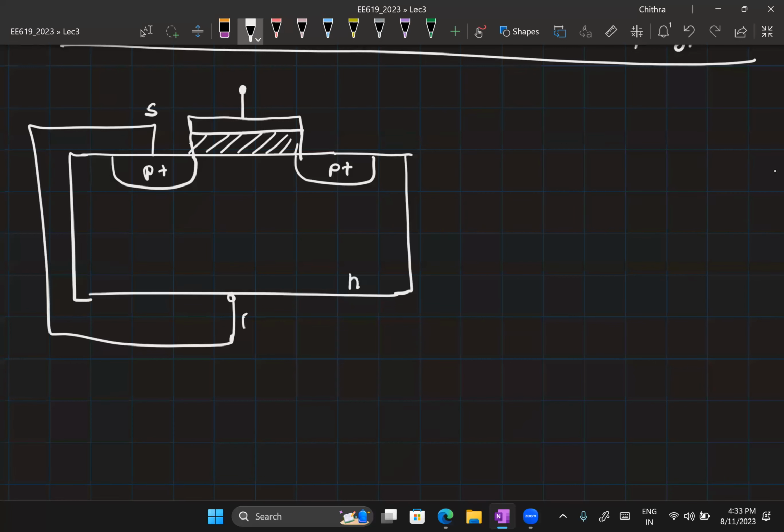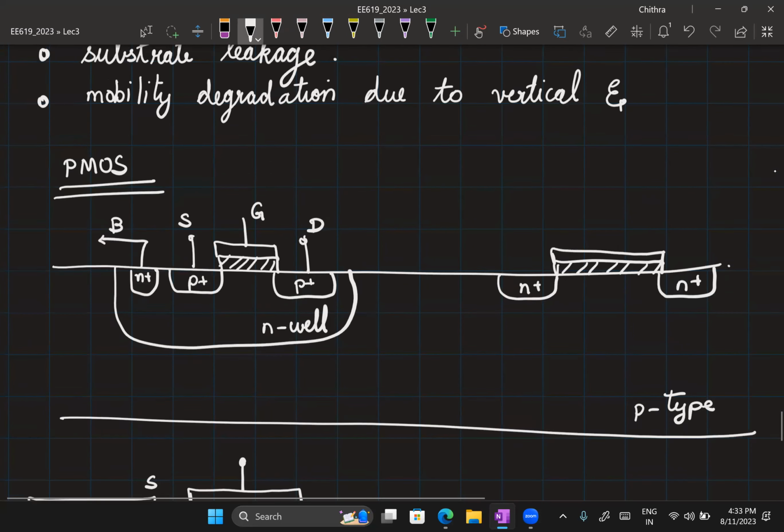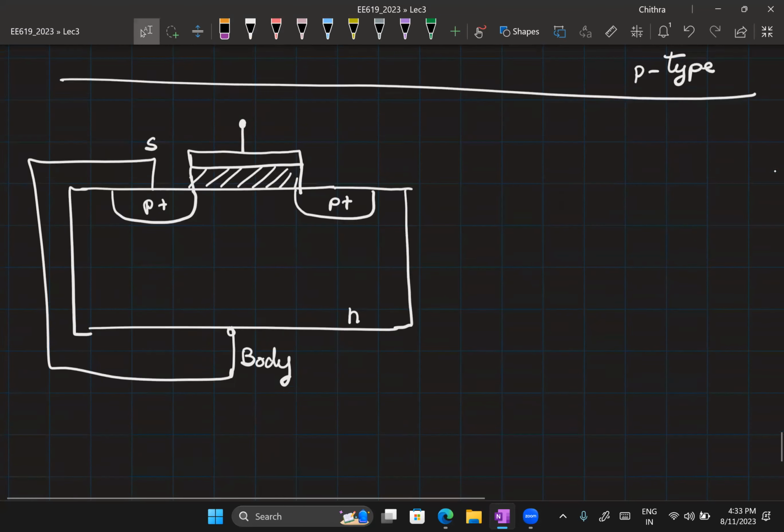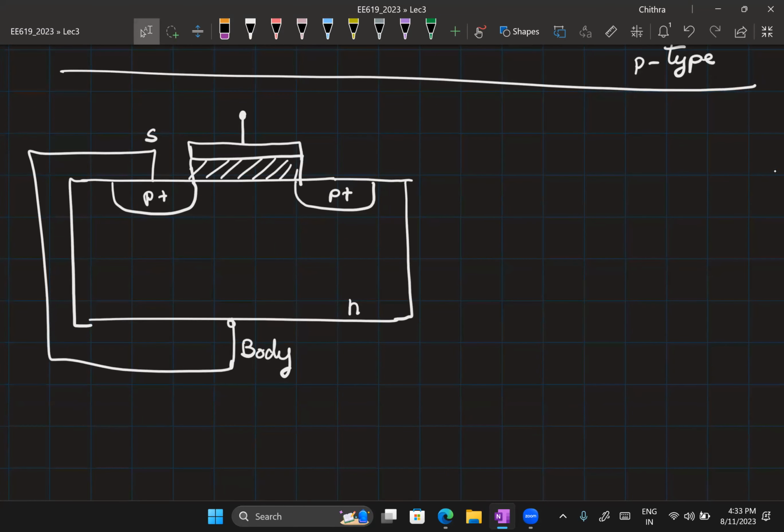This is source, body, sorry, I should call it as body, because when I say bulk, we usually think of the substrate. So now if I say bulk for a PMOS transistor, please correct me. I should definitely call it as a body. And let's say this is my drain. So let's apply a VGS here. I'm going to refer all the voltages with respect to the source. And let's say VDS is initially 0.